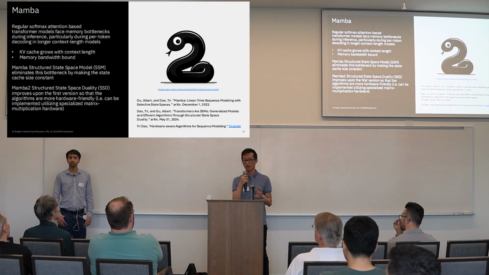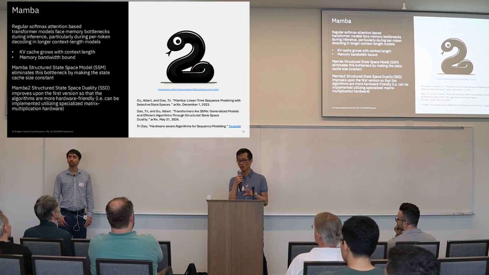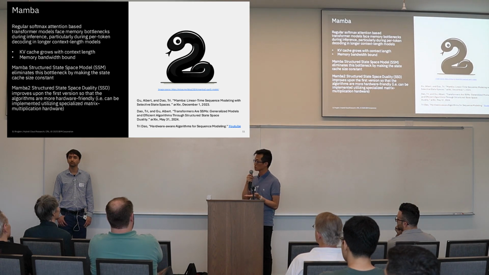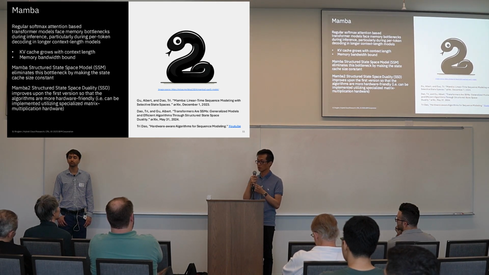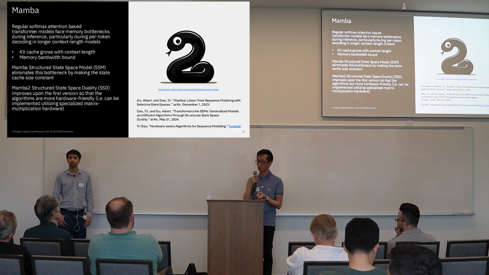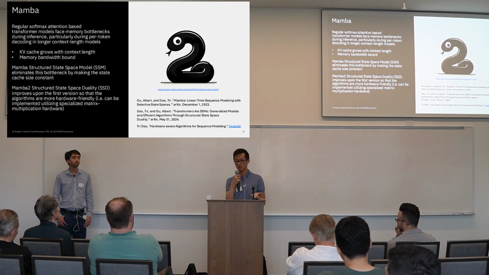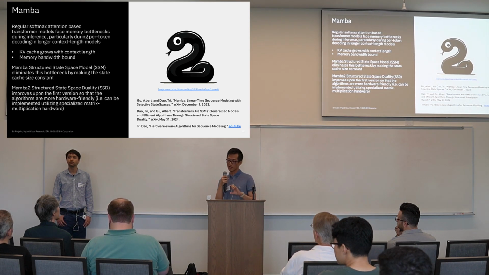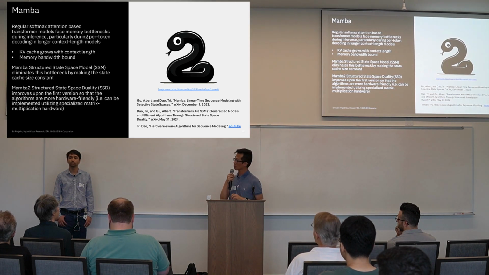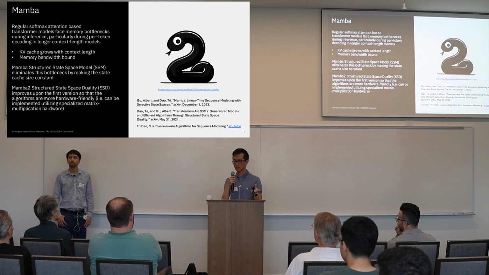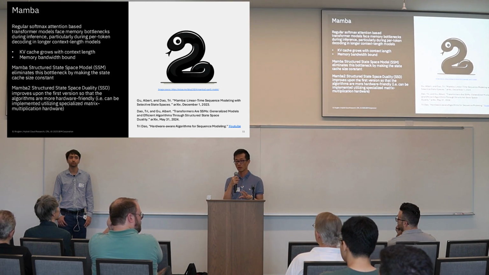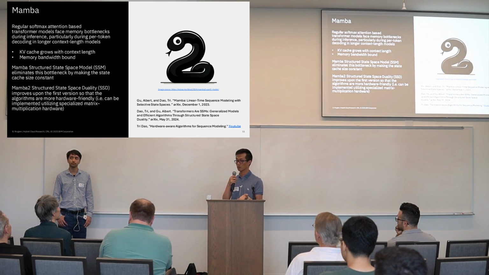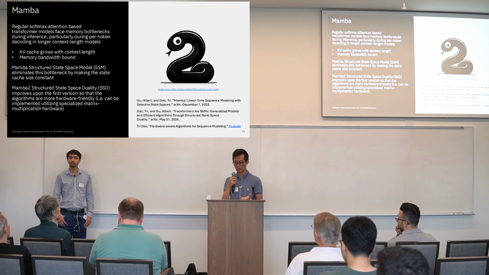But the problem is that when it's implemented on modern GPUs, it doesn't perform as well as transformers, because it doesn't utilize the strong suit of the GPUs, which is to do a lot of matrix multiplications as fast as possible. So in the second iteration, they tuned the model a little bit by introducing some more restrictions. That limits the expressiveness of the model, but at the same time, it enables it to be represented with matrix multiplications.